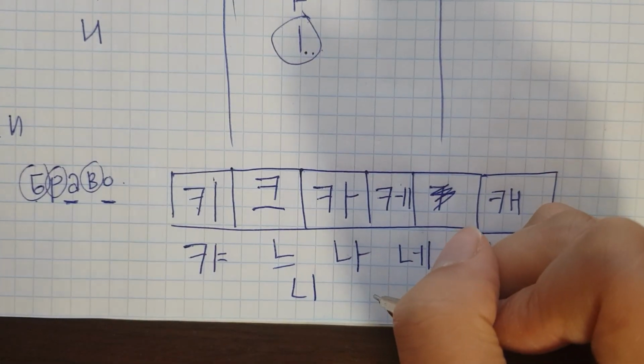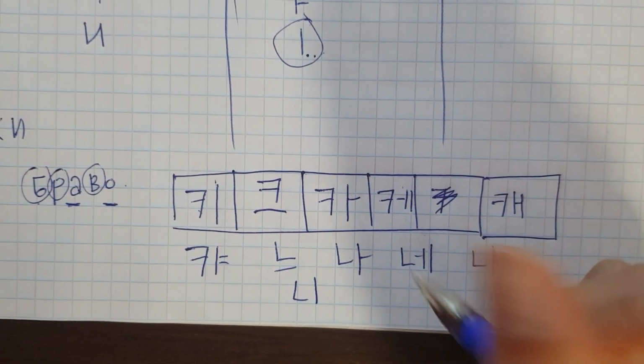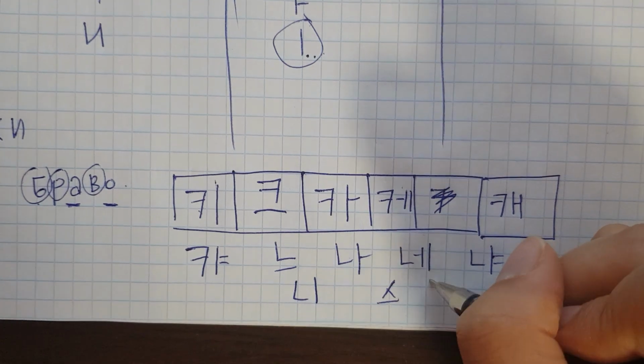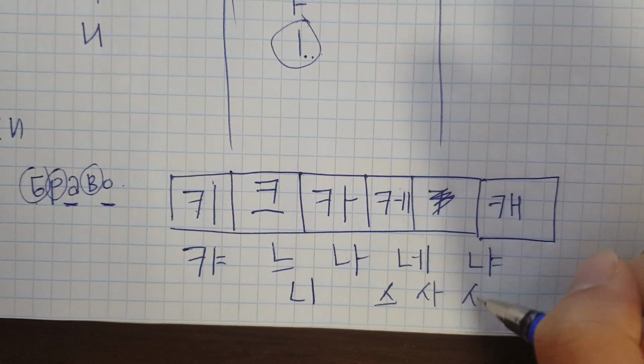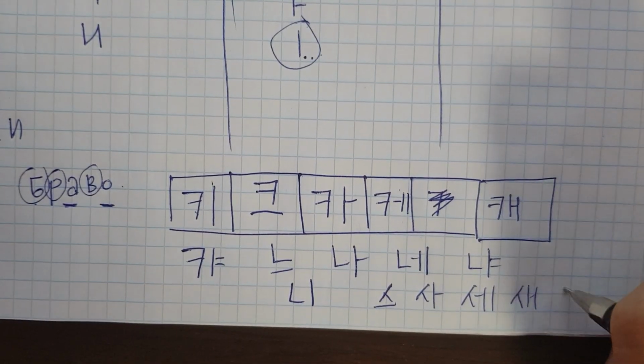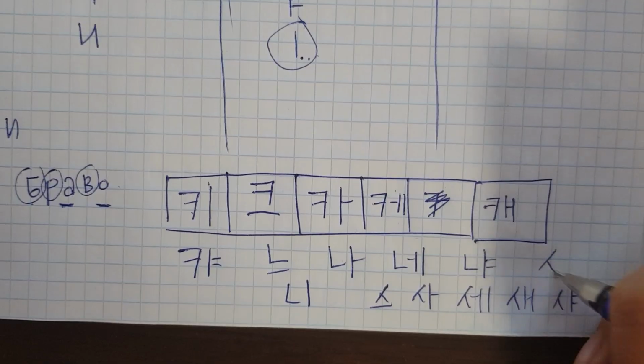Now I'm going to try another consonant. How about S? Okay, so S, sa, se, sya, and we have si.